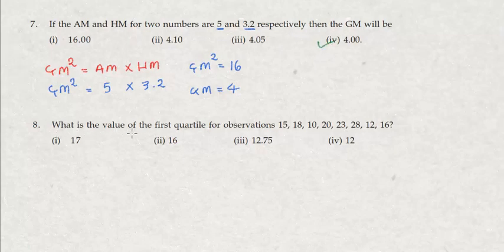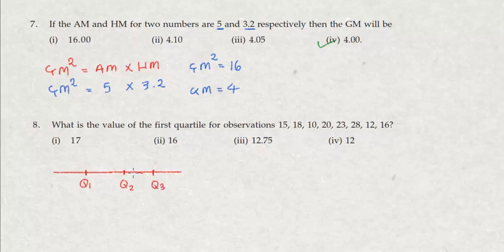What is the value of the first quartile for observations 15, 18, 10, 20, 23, 28, 12 and 16? Quartiles divide the data into 4 equal parts. Suppose this is the line of observations, then quartile 1 will be here, this is quartile 2, and this is quartile 3.